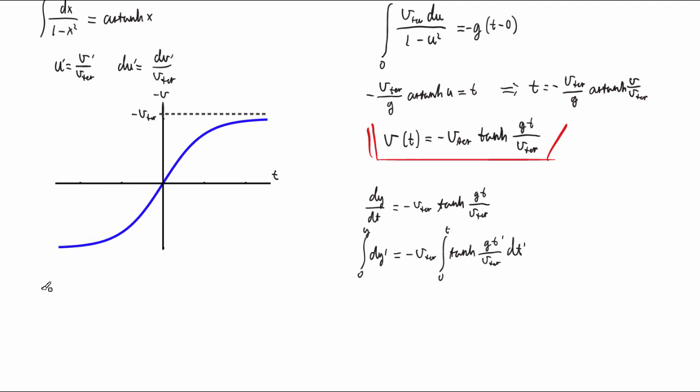You may not know the integral of tanh either, but it turns out that the integral of tanh x dx is ln of cosh x. Same thing actually holds true if this were regular tangent. It would be minus ln cosine of x. And you can verify that too by just taking the derivative of this. I'm not going to solve this in detail.